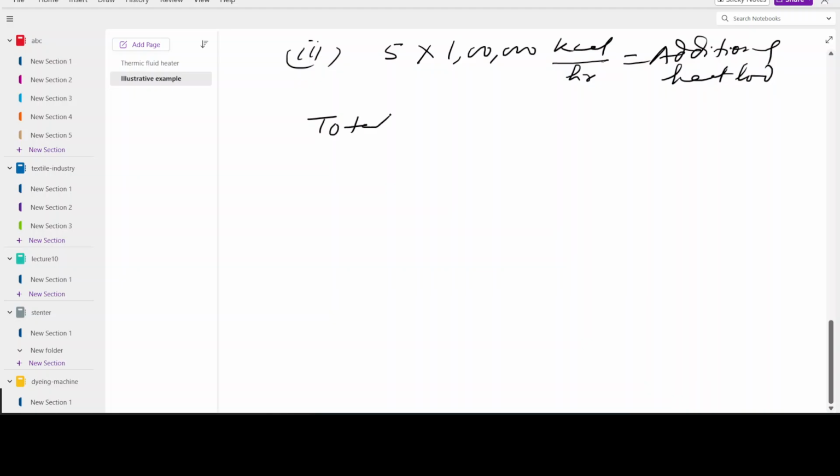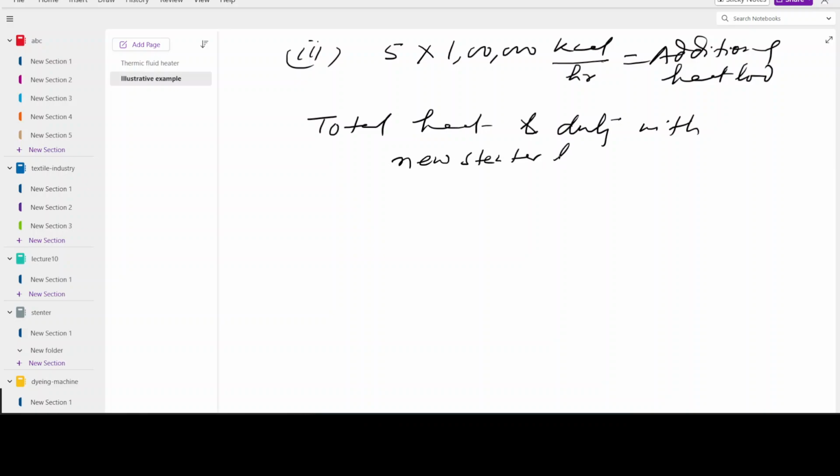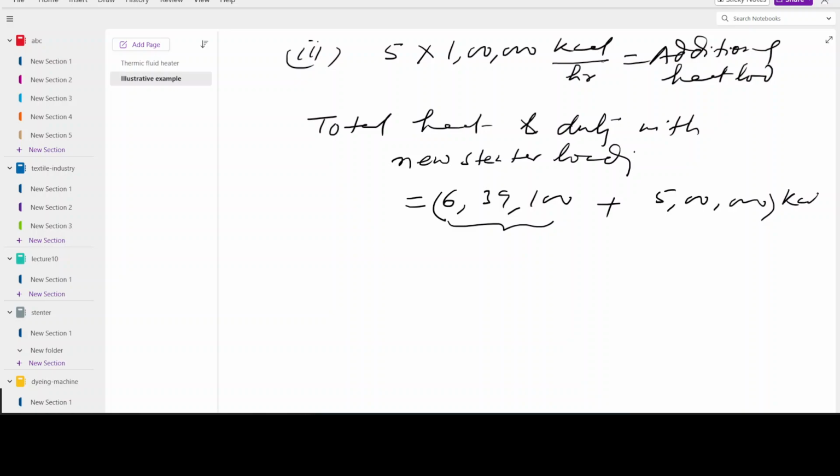So the total heat duty with the new chamber loading is equal to this existing load plus 5 lakh, these two components, kilocalorie per hour. This comes out to be this much.